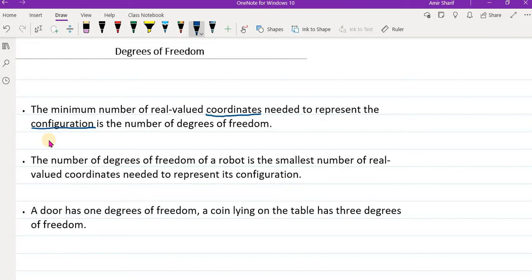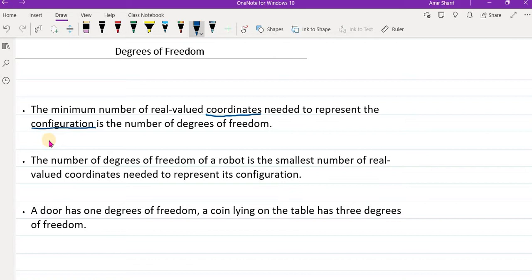For example, the example will come here, the third point. So before moving to the example, we see another definition of degrees of freedom.